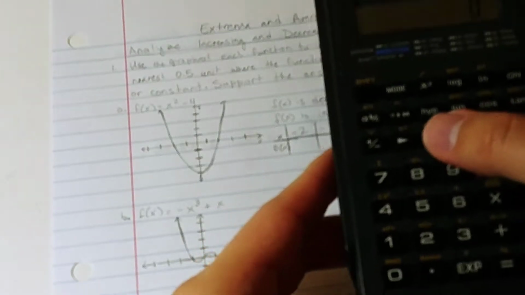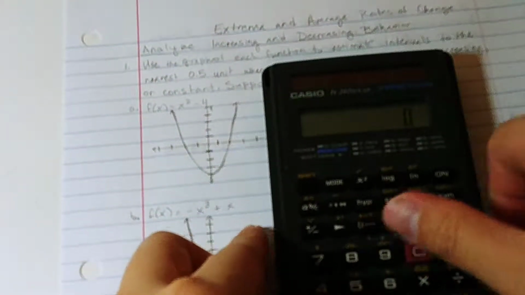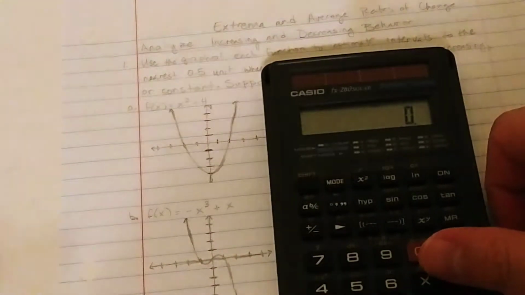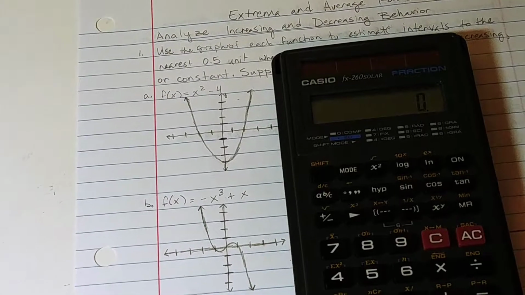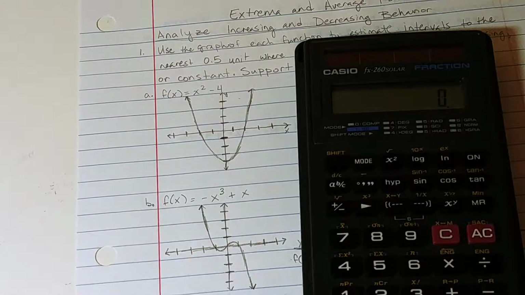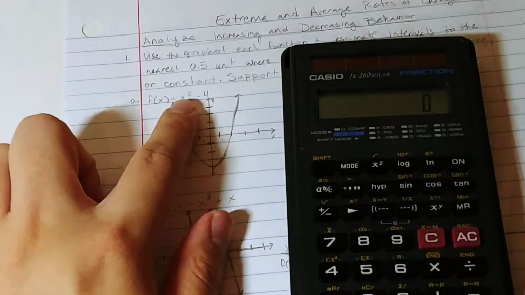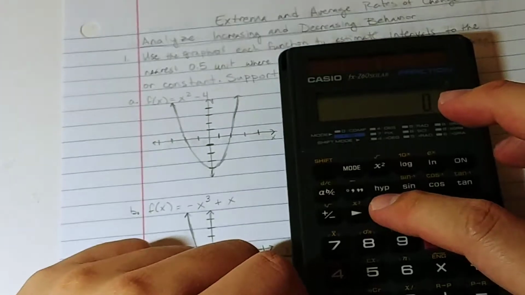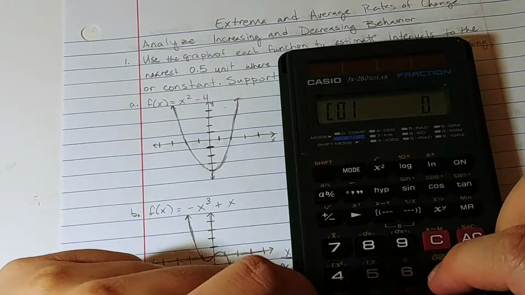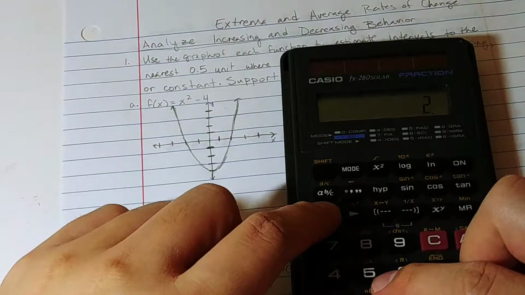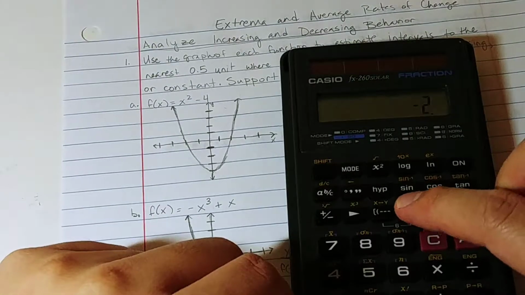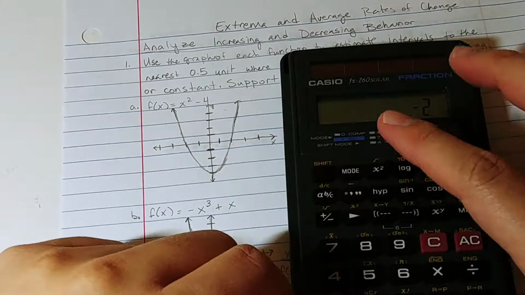Alright, so here's our function. We have a square, so we're just going to plug in negative 2, and because of that square, we're going to put parentheses. So parentheses, and then negative 2, and then close parentheses, and then square.